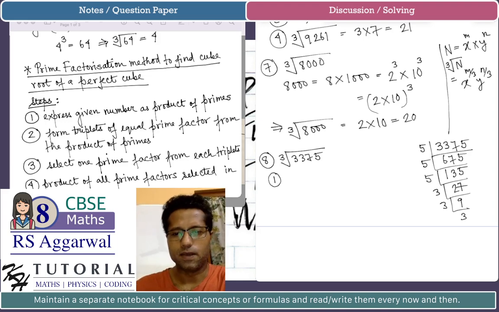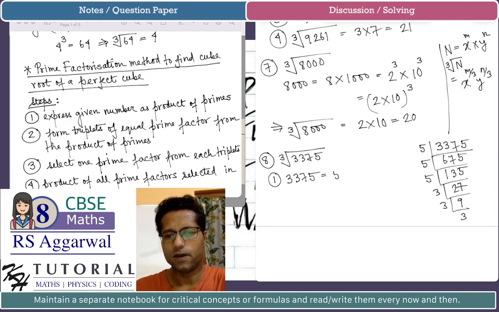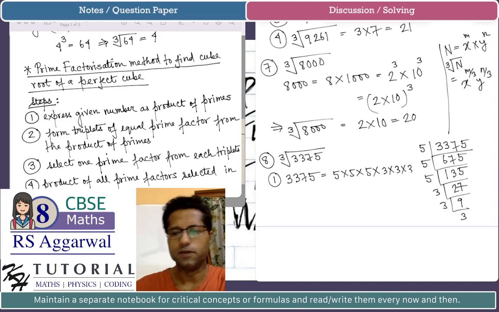So the prime factorization of 3375 is 5 multiplied by 5 multiplied by 5 multiplied by 3 multiplied by 3 multiplied by 3.